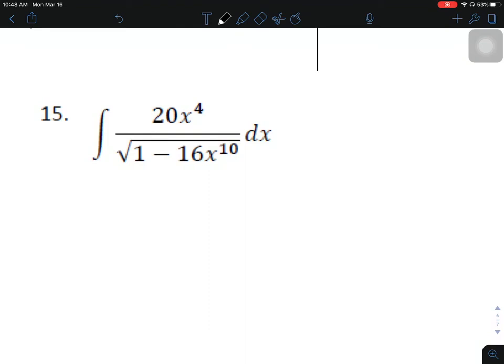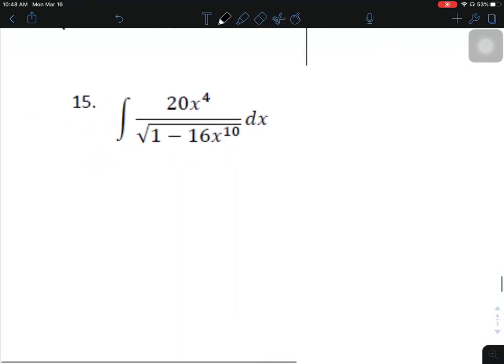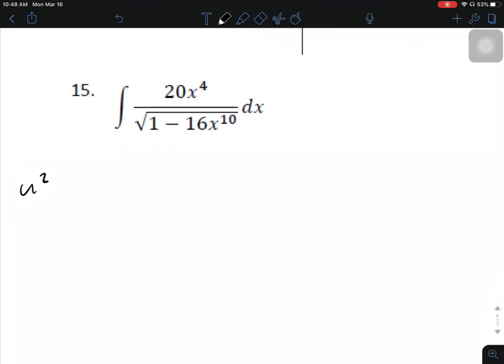15, when I see these radicals in here, I'm thinking it's probably an inverse trig function. So when I see 1 minus inside a radical, I think sine or cosecant. It's positive, so I'm thinking this is probably going to be sine inverse. U squared, we're subtracting from 1, so that would be 16x to the 10th. That would make u 4x to the 5th.